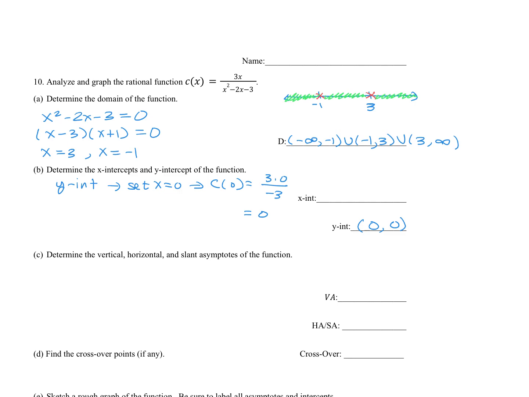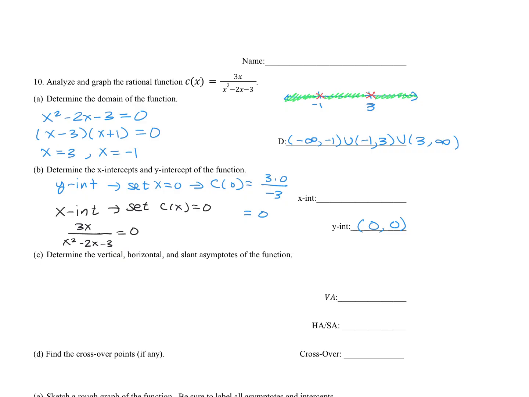So my apologies. Now let's get the x-intercept. That's where you set the function, whatever it may be. In this case, it's c of x equal to 0. If I've got 3x over x squared minus 2x minus 3, and that's equal to 0, the only way that fraction is going to equal 0 is if my numerator is 0.